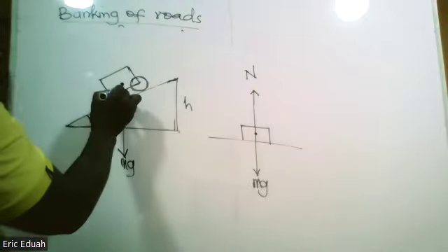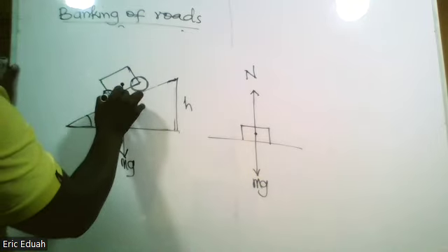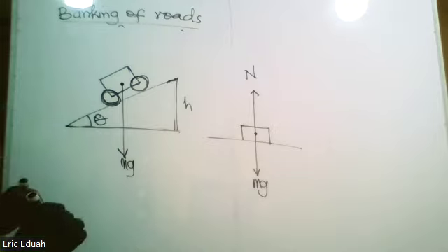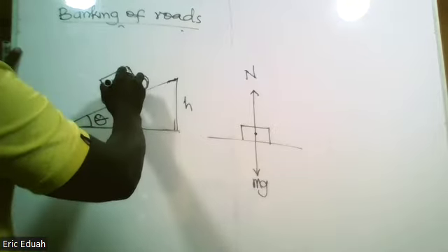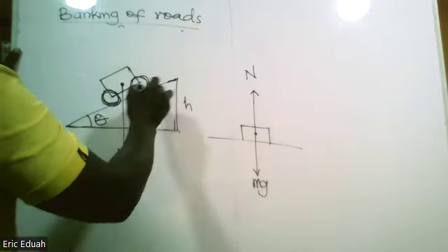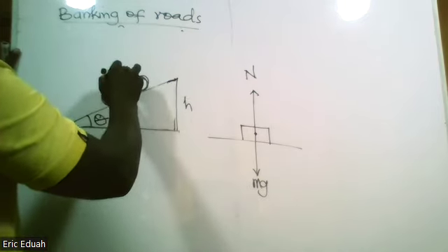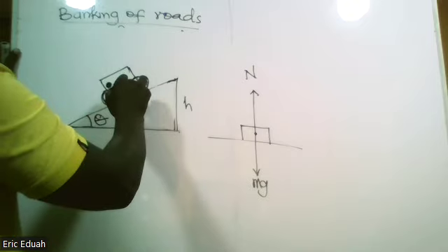The moment the body lies on an inclined plane, the banked road is similar to an inclined plane. The normal reaction is always perpendicular to the surface on which the body lies.